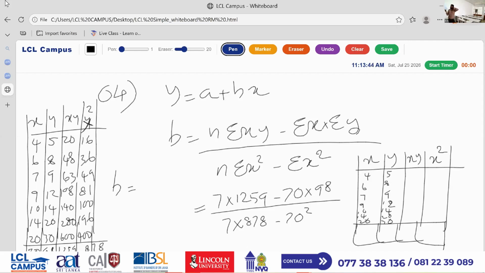Open the bracket, and when dividing also start the bracket. B is 1.567.